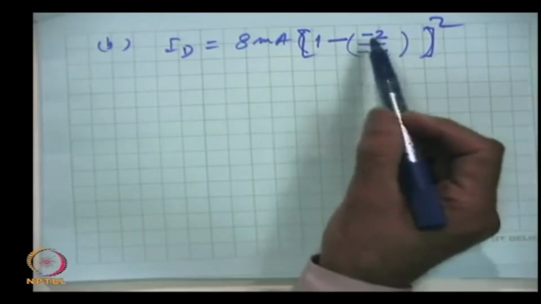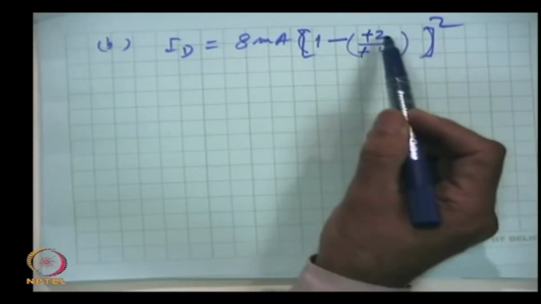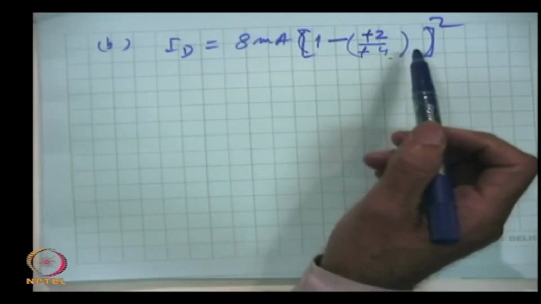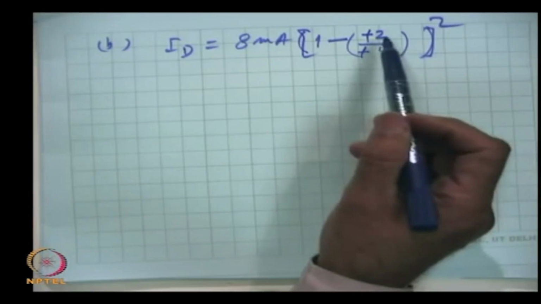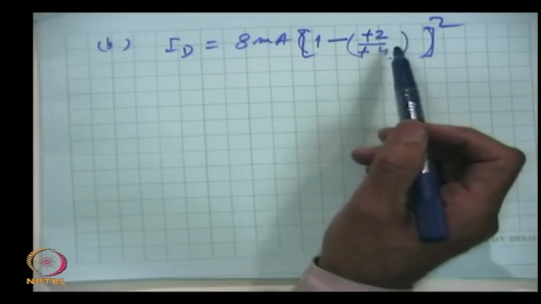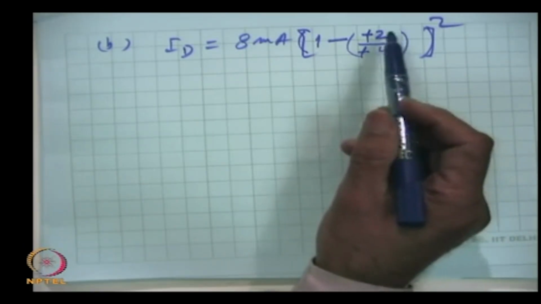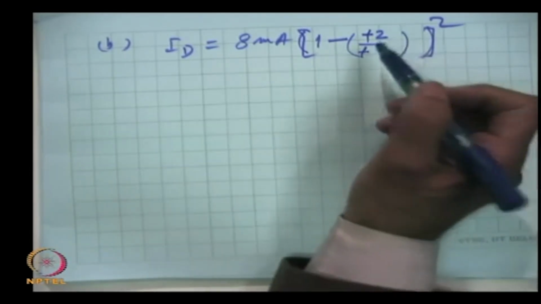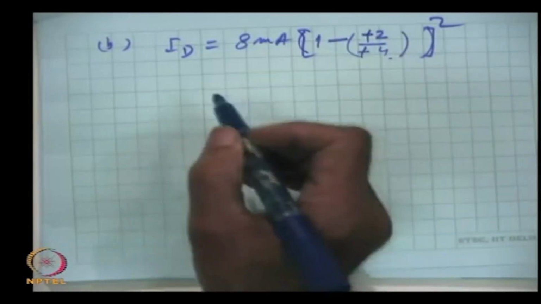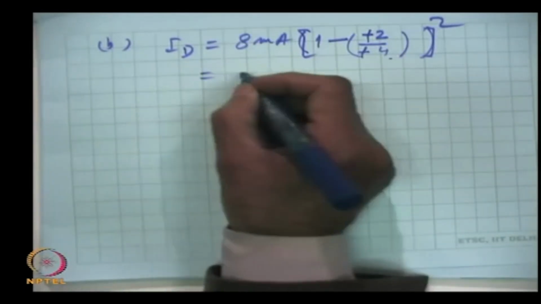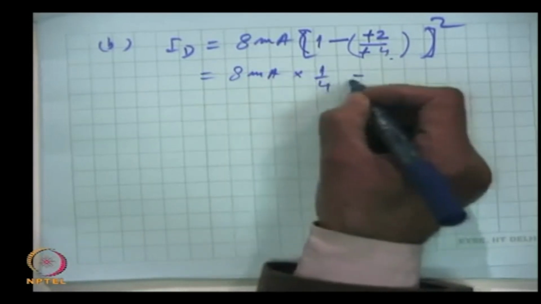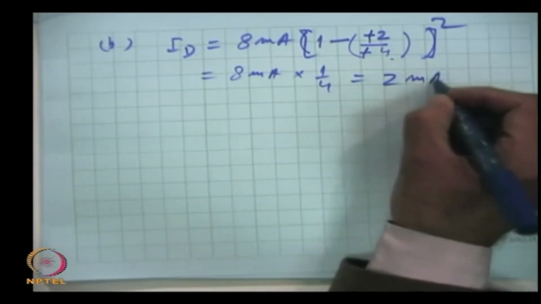So, you see here this is the same if I have just substituted the magnitudes. So, just substituting magnitudes, so there is no confusion about sign, it is better we talk in terms of magnitude. We have substituted the magnitude of VGS and Vp also, and so this results in a current of 8 milliampere into 1 by 4, which is 2 milliampere.